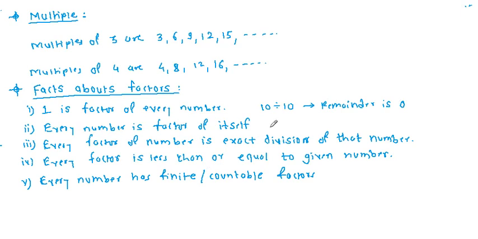And for the first point, 1 is a factor of every number, we can divide 10 by 1 and get a remainder 0. We take another example of 2. 2 divided by 1, we get a remainder 0. So 1 is a factor of every number.